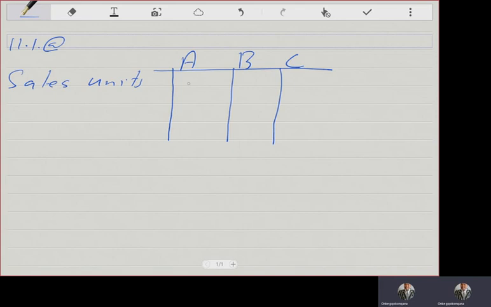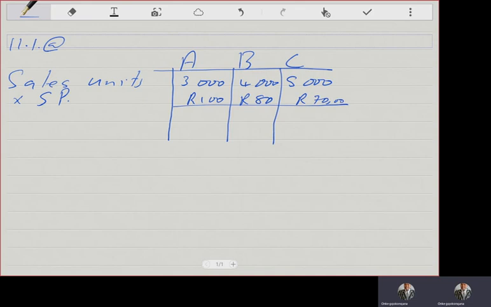We're given 3,000, 4,000, and 5,000. So those are our sales. We multiply by the selling price per unit, which is 100 rands here, 80 here, and the last one is 70 rands. So that's easy like that.